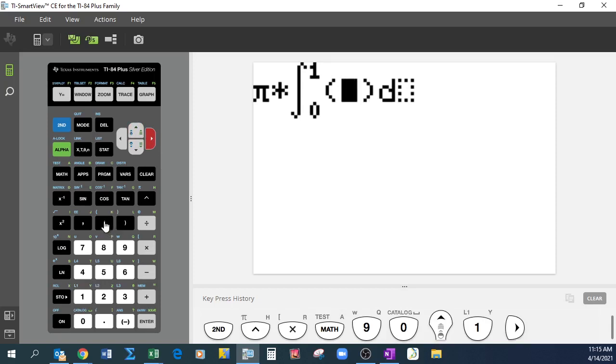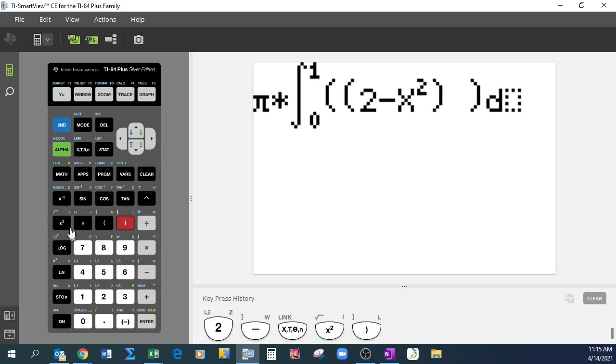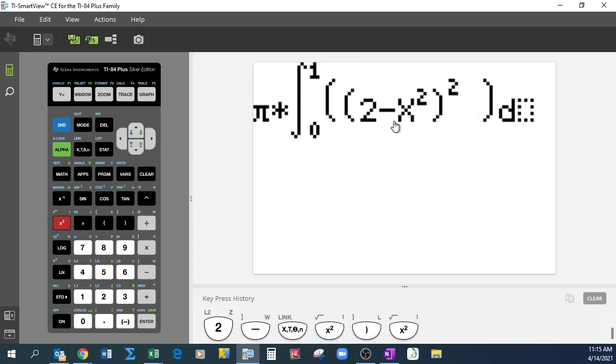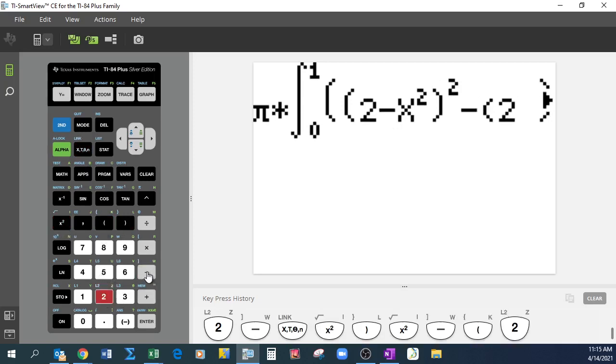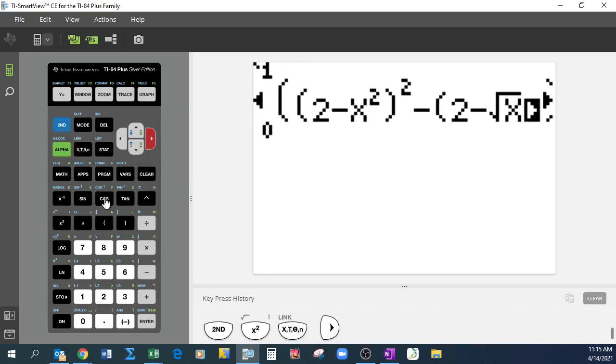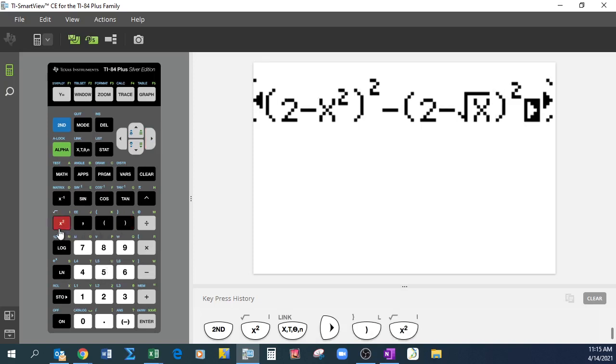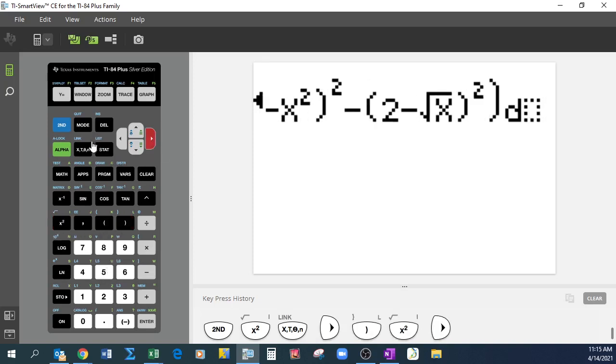So first remember we have the quantity of 2 minus x squared. So I need parentheses again. 2 minus x squared, close parentheses, squared. Remember, don't forget, it's a big radius squared, minus small radius. So again, it's 2 minus the square root of x, move out of the radical, close the parentheses, squared, and then that's dx.